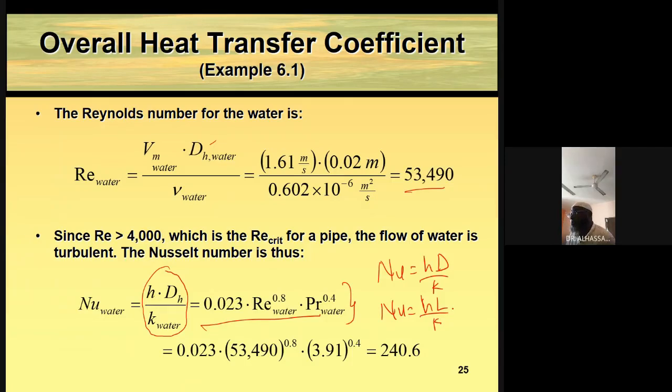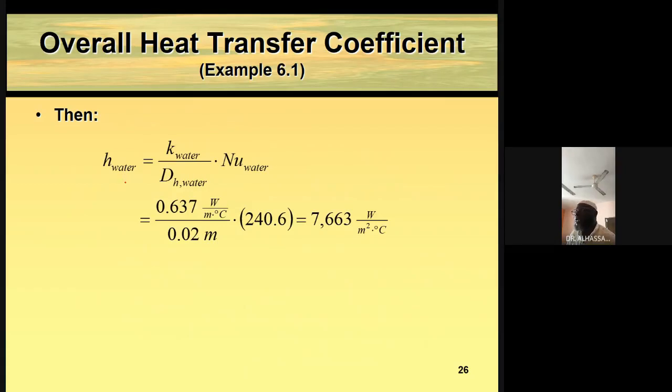This is for a plate, and this is for a pipe. It can also be for a sphere, like this. Now if you calculate, this is the Nusselt number. Now we use this to find the value for h, so h for the water is this.